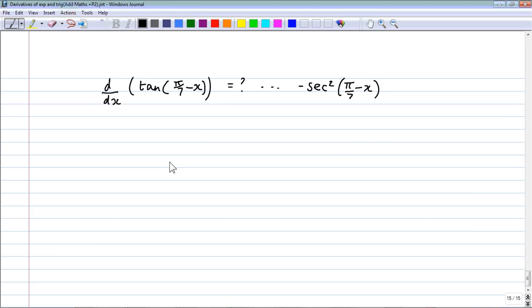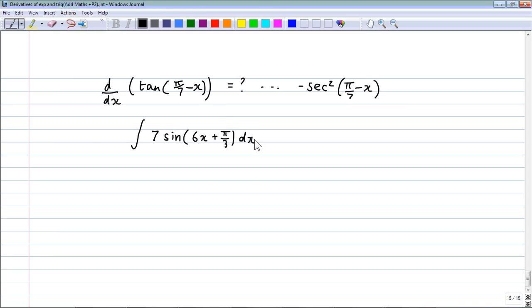Now let's think about integration. Suppose we were trying to integrate something like 7 sine of 6x plus pi over 3 dx.